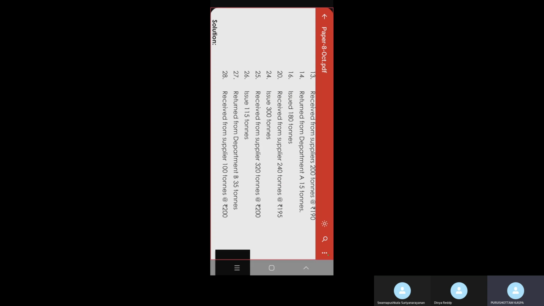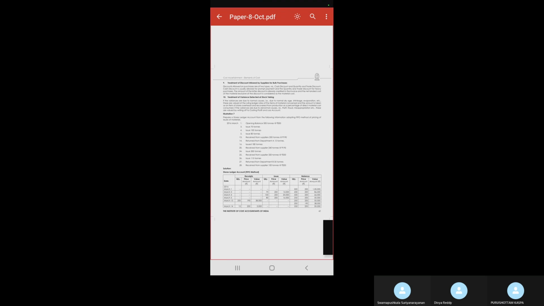After this, again on March 14, return from department A 15 tons. So materials returned note will be prepared by the production department.